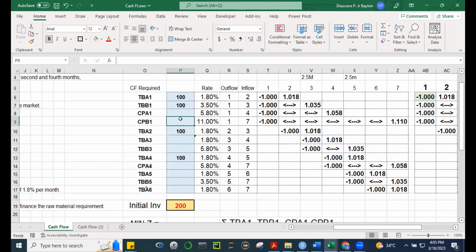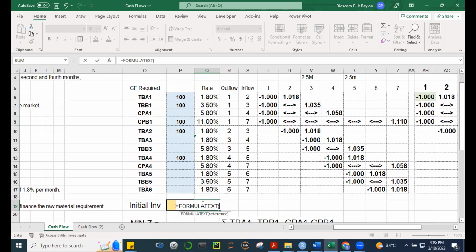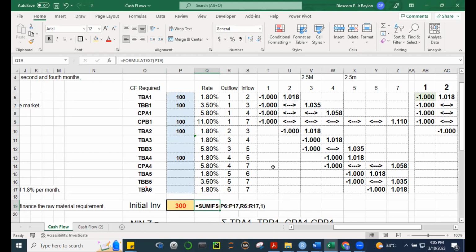Okay, if I put here 100, it will add it. So let me put here the formula text, for your reference. Sum ifs, conditional sum. Let me delete this.